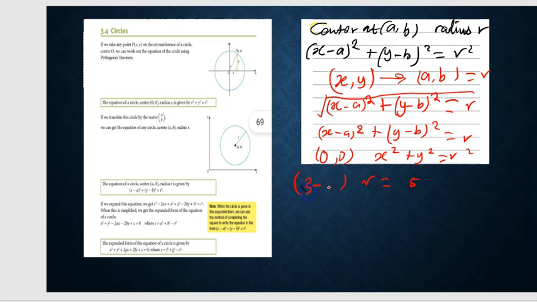The equation of the circle becomes (x minus 3) squared, then plus y; here y minus b becomes y, minus minus becomes plus 2, squared. So this must be equal to r squared, which is 5 squared, 25.